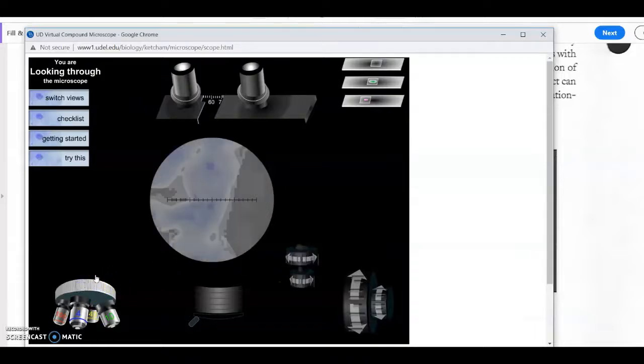And if you switch even further to 40x objective, the field of view decreases even more, but you see cells in much greater detail. It becomes quite obvious here. Okay, you can see the cells in great detail.